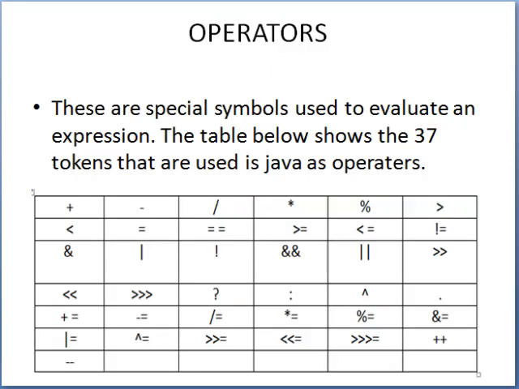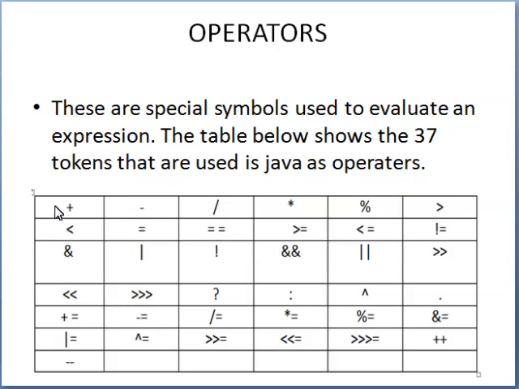Next is operators. These are special symbols used to evaluate an expression. The table shows the 37 tokens that are used in Java as operators.